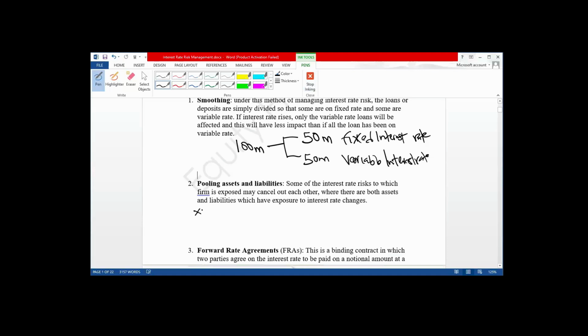We plan to take a loan of 100 million naira. This loan is a liability. We can decide to take this loan at a variable interest rate.